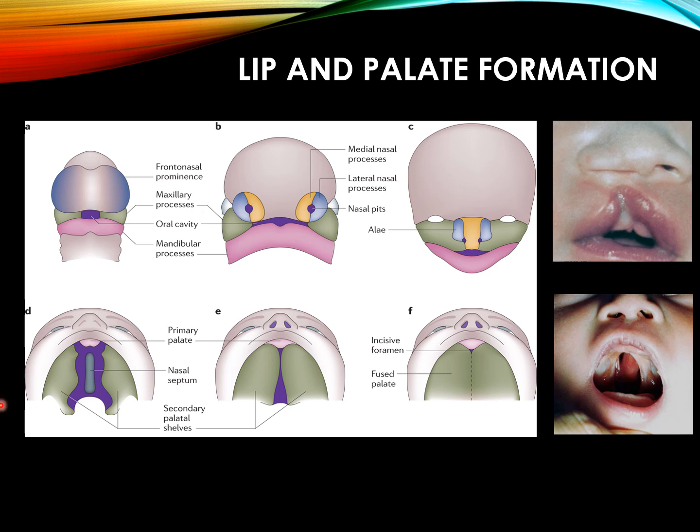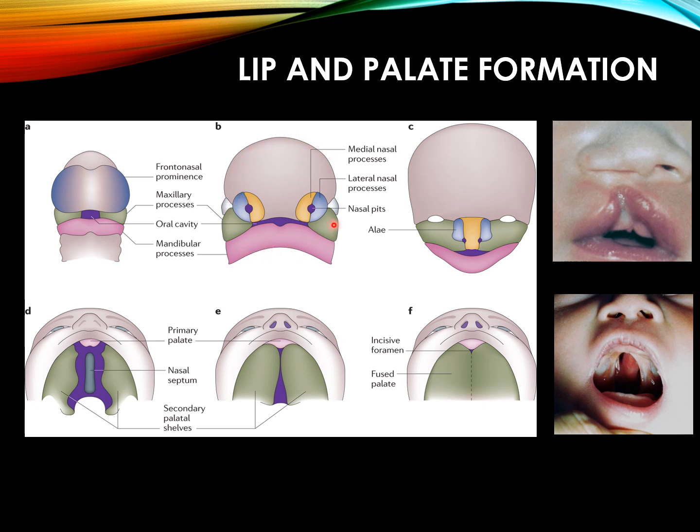Here you can see the schematic diagrams of the development of the lip and palate in humans. The first, sketch A, shows the developing frontonasal prominence, paired maxillary processes, and paired mandibular processes that surround the primitive oral cavity by the fourth week of embryonic development.